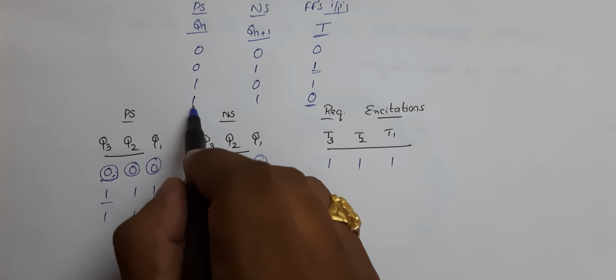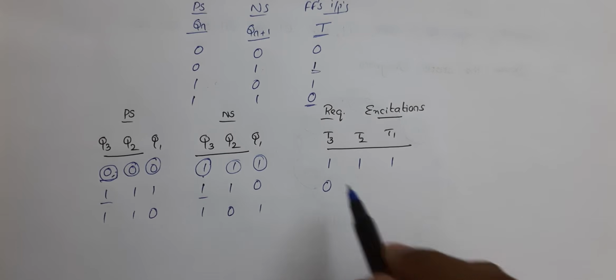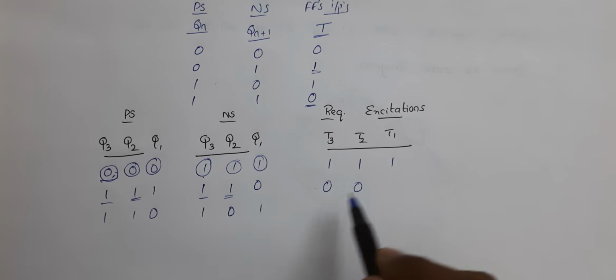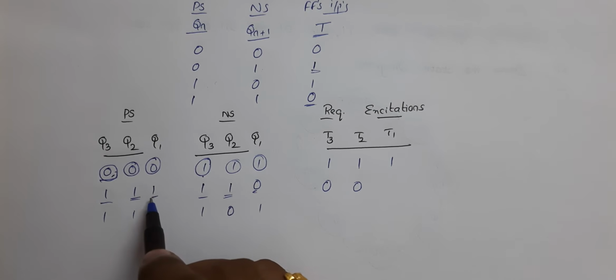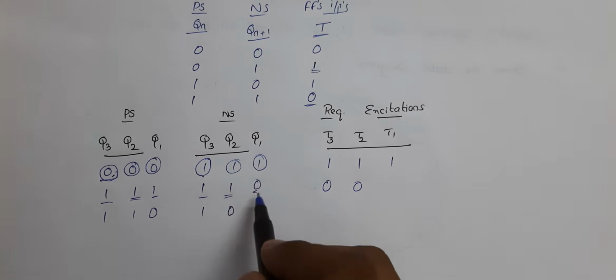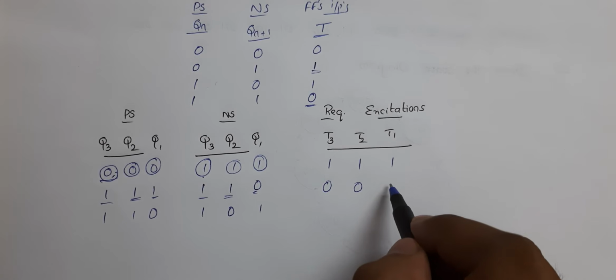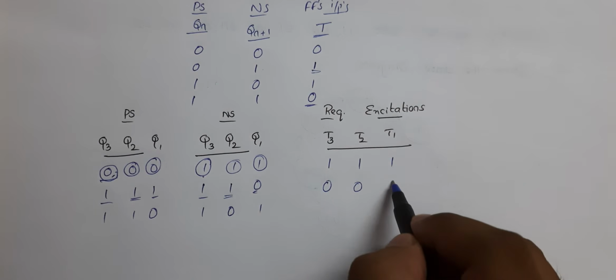If both outputs are 1, 1, there is no change, so the input for T3 is 0. Similarly for Q2, here also 0. For 1 to 0, there is a change. Why? Because present state output Q1 is 1 and next state output Q1 is 0, so they are complements of each other. So definitely the input should be 1.